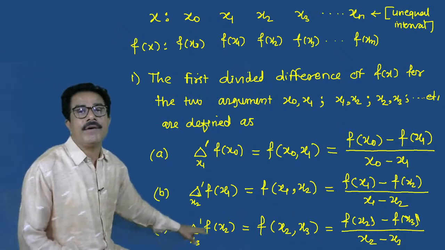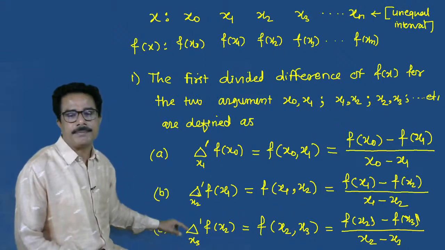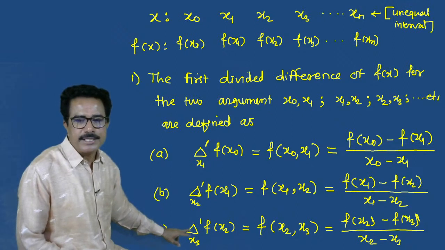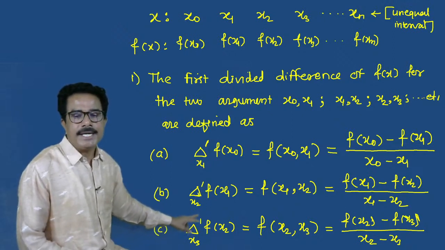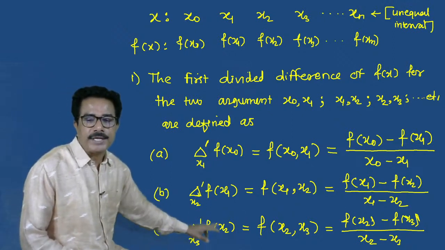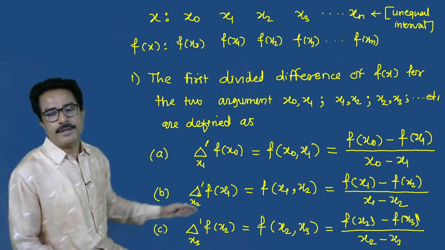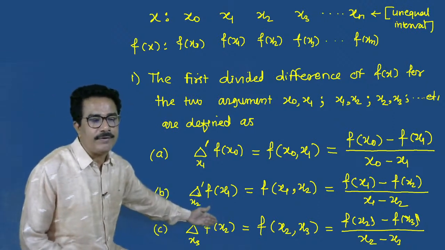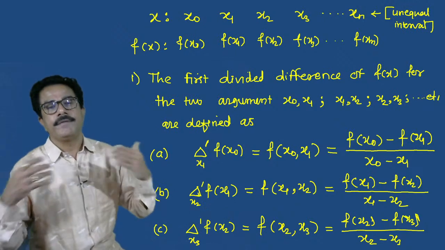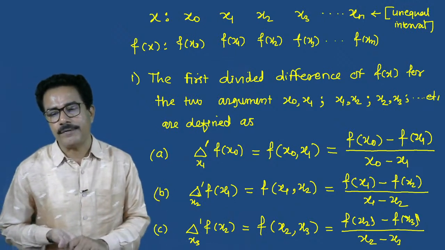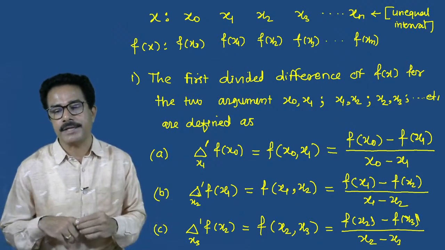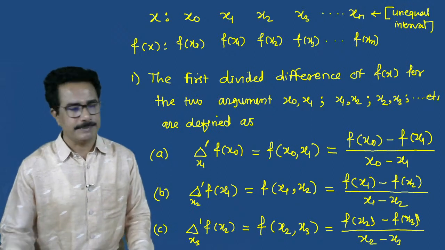It is also known as a divided difference of f of x2 over x3, which is also denoted by f of x2 comma x3, which is also defined as f of x2 minus x3 divided by x2 minus x3.